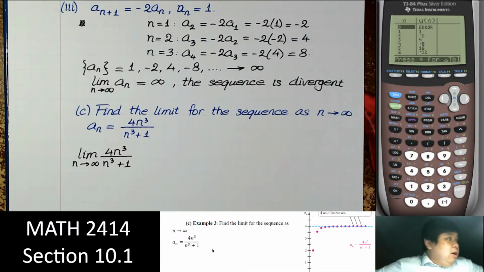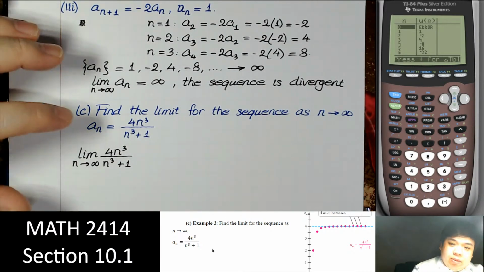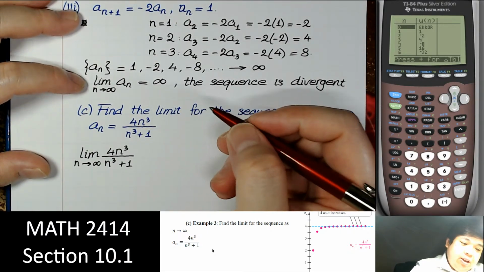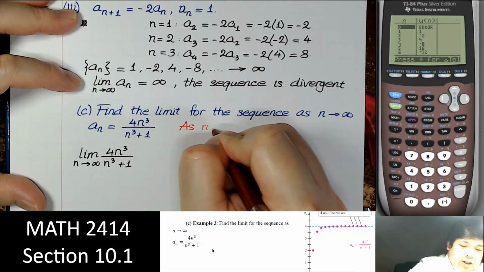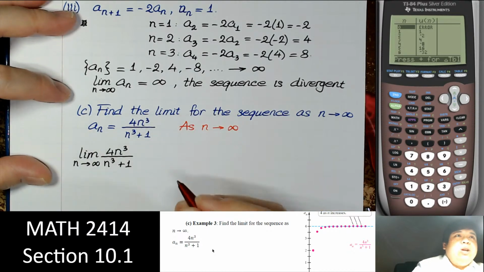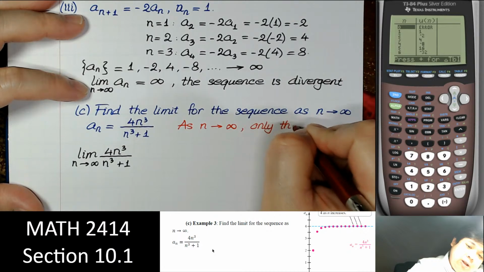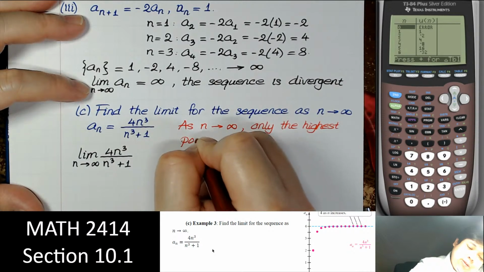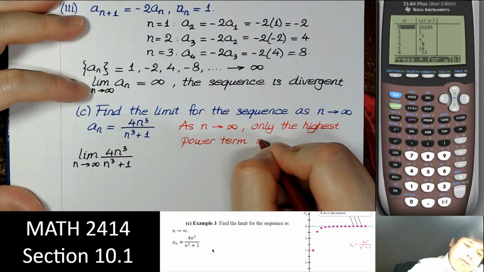Right, so finding the limit of a sequence is just like the limit of a function. In this case, we have two polynomials here. So this is a very useful thing. We said as n goes to infinity, actually could be positive or negative infinity, only the highest power terms matter.